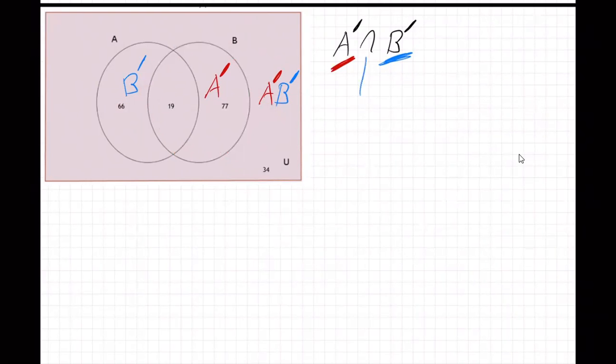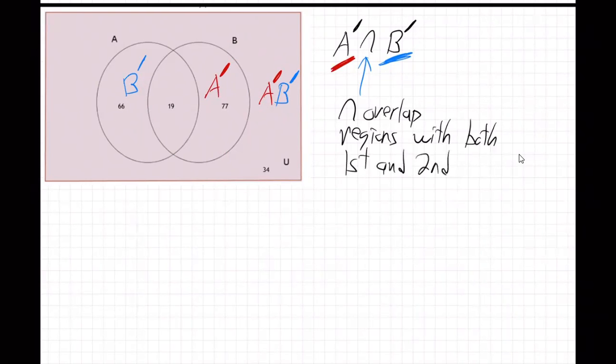And then finally, we're supposed to take the overlap, which means regions with both the first and the second letters. It's overlap. So what region or regions has both the first and the second letters?